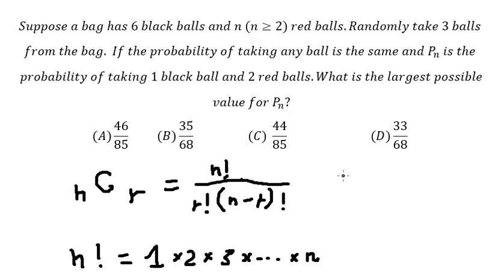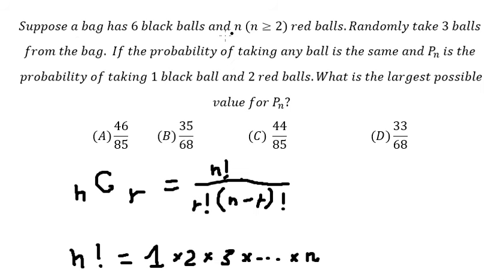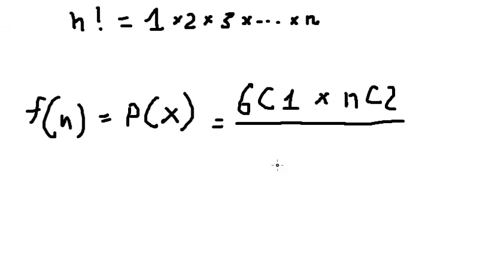Multiplied by, we don't know the n, so we put nC2. That means we select 2 balls out of n, over, we know that the sum of the balls is 6 plus n. And we select 3 balls, we put 3 in here.